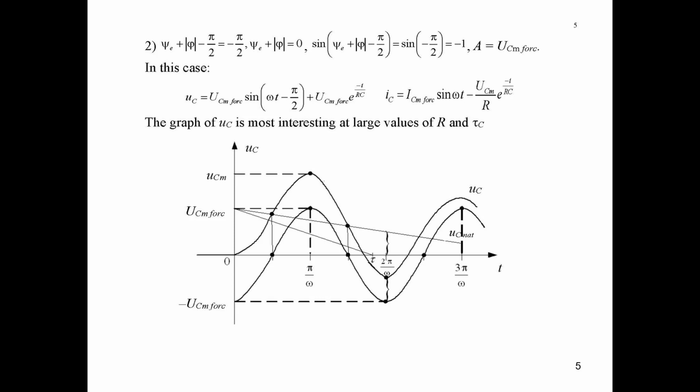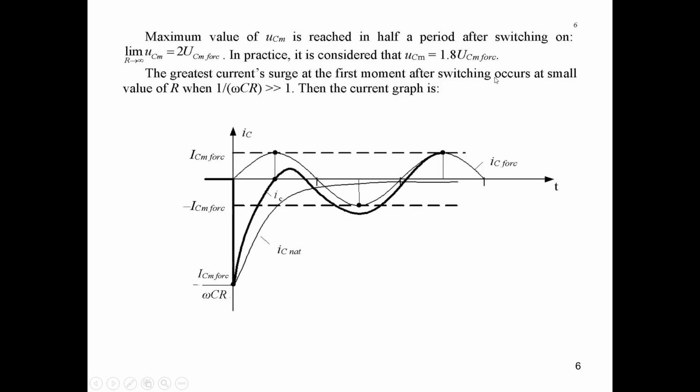When R tends to infinity and tau C tends to infinity, we may have here a level twice as big as uC maximum forced. But it is considered as a rule that the level of such magnification of uC is up to 1.8 of uC maximum forced. It is written here, and it may also be very unpleasant.